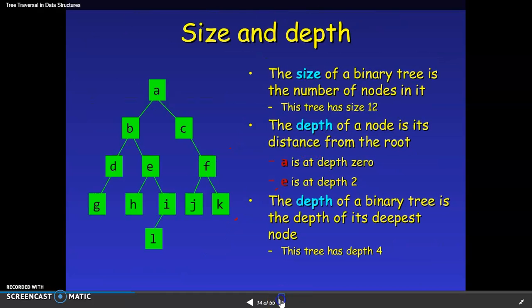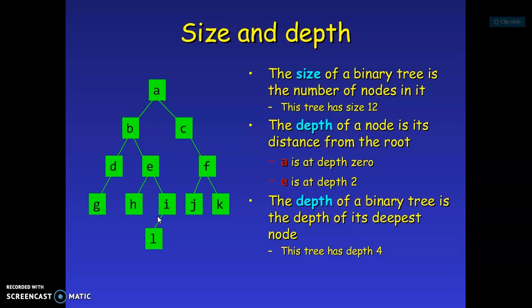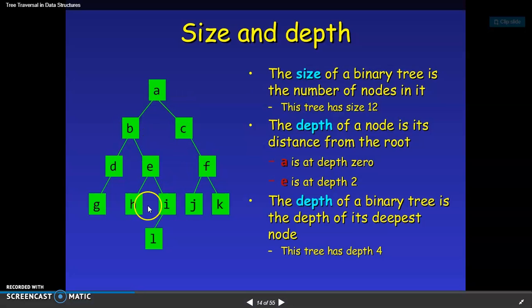Next, size and depth of the tree. Okay, the size of the tree is nothing but the number of nodes in the tree, the total number of nodes, that is including leaf nodes, internal nodes, root node, parent node, child node, all. Whatever the total nodes we have in the tree, that count is the size.